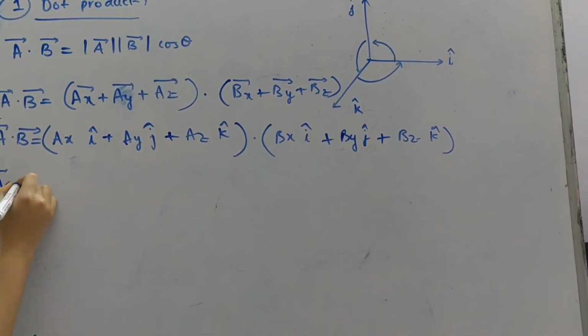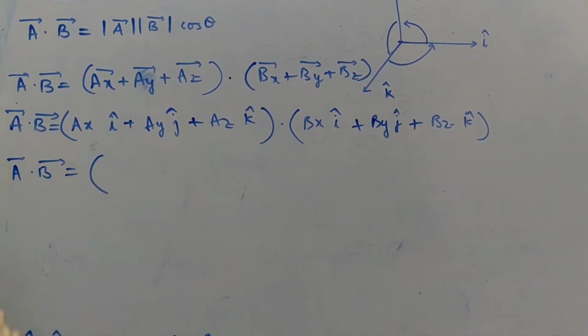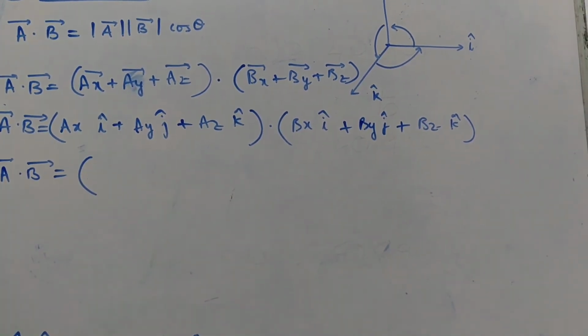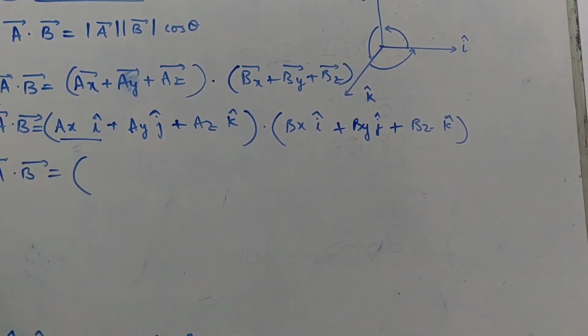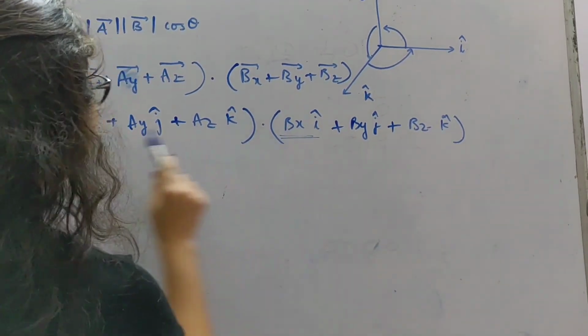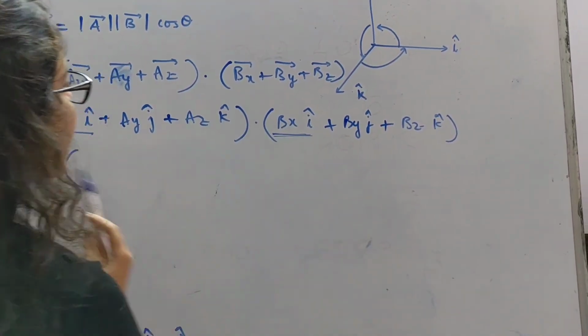Now let us see how we will multiply this part. So A vector dot B vector will be, now here use simple multiplication rules. Ax I cap dot Bx I cap.